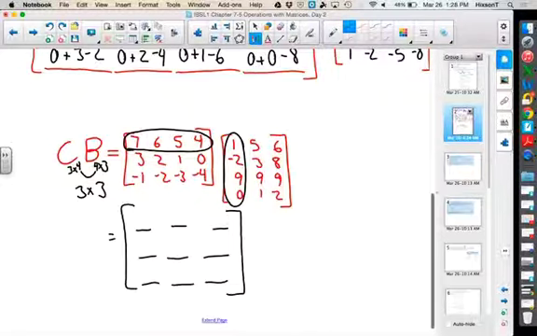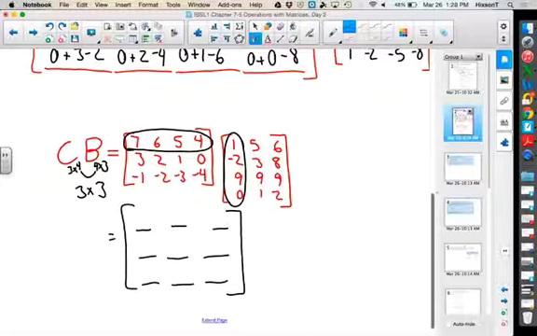So while there are fewer elements, you're still multiplying the same number of things and adding the same number of things. It just produces fewer elements. You just multiply those and add them together.